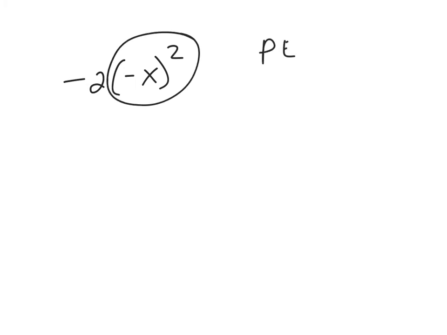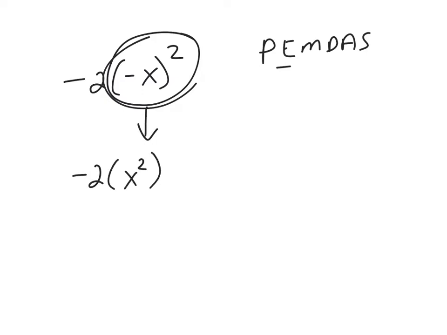Okay, if I have some exponents, let's say I got like negative 2 times negative x squared. Okay, well, I got to do this guy first, right, because of PEMDAS. I got to do my exponents before I do my multiplication. So if we do this first, that's actually going to be a positive x squared, isn't it?